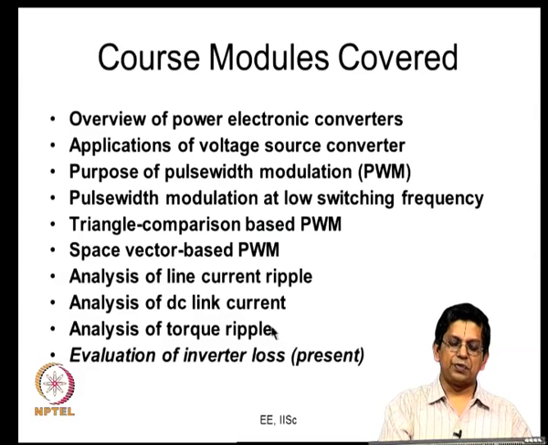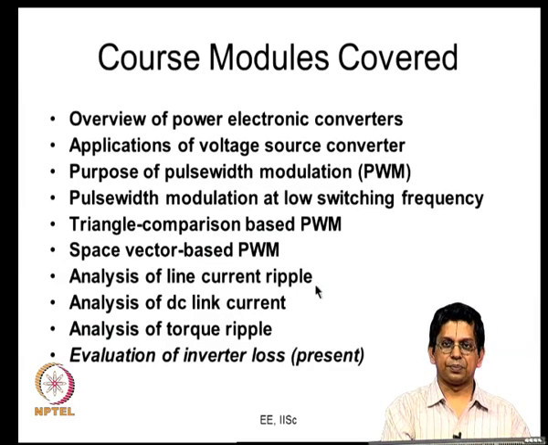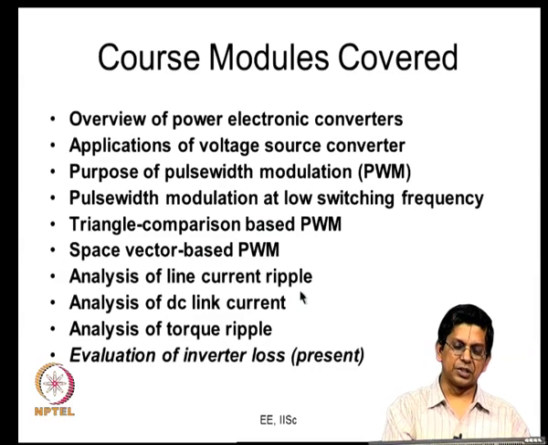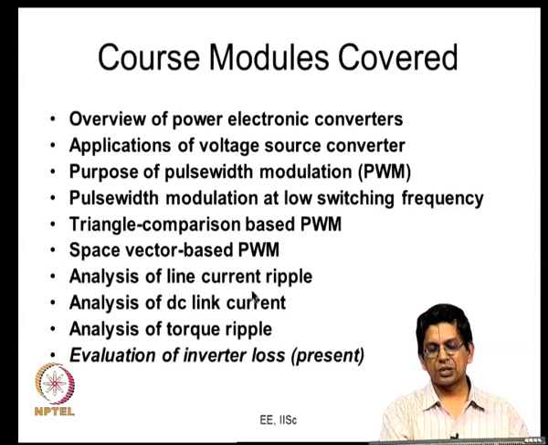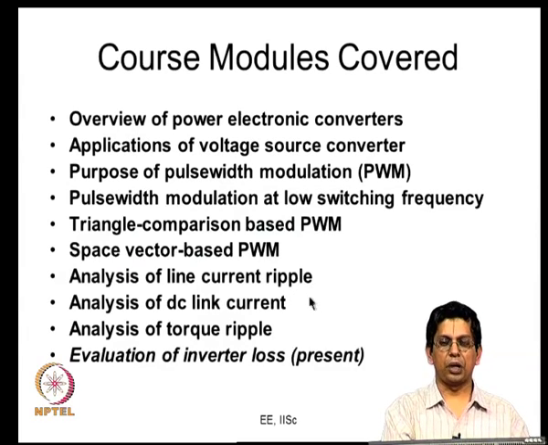So, in some sense we have started on those things, like we know that, for example, if you know the RMS line current ripple, you can find out what is the copper loss in the series elements. For example, if there is a line inductor, the line inductor would have some internal resistance. So, this RMS squared multiplied by that would be the additional copper loss on account of these harmonic currents.